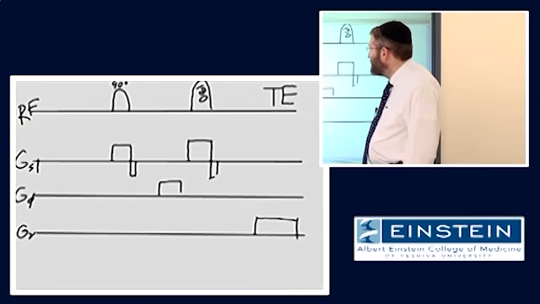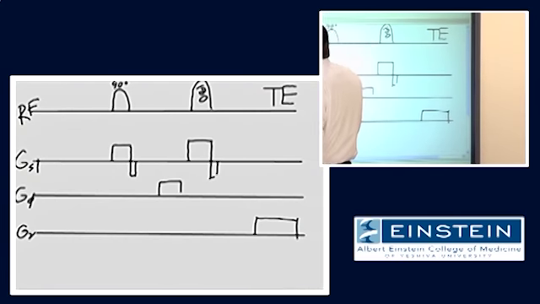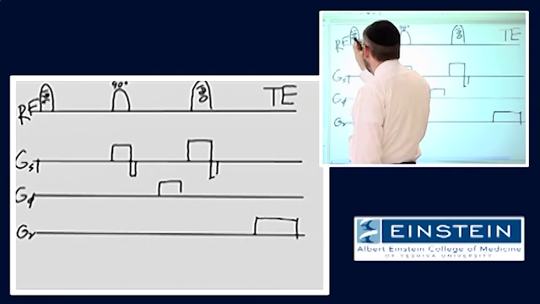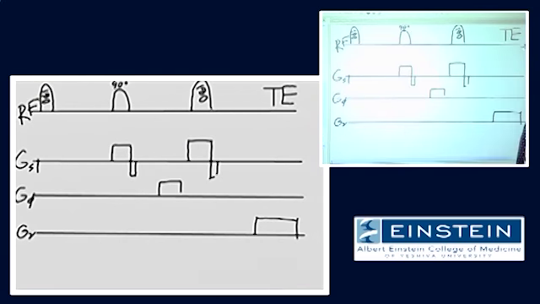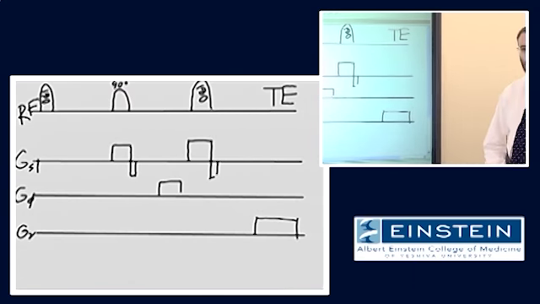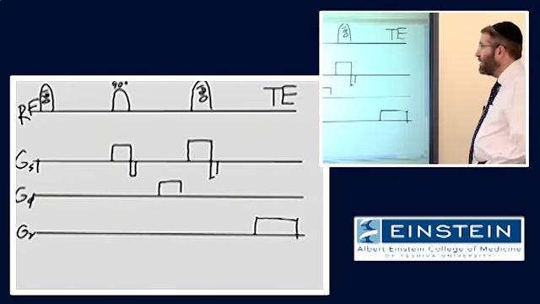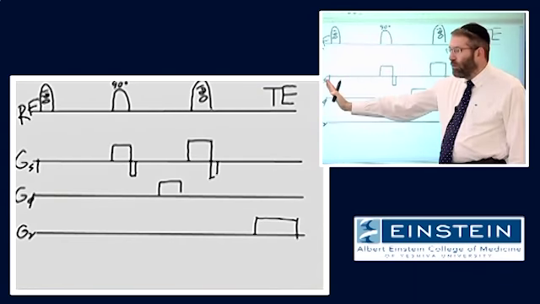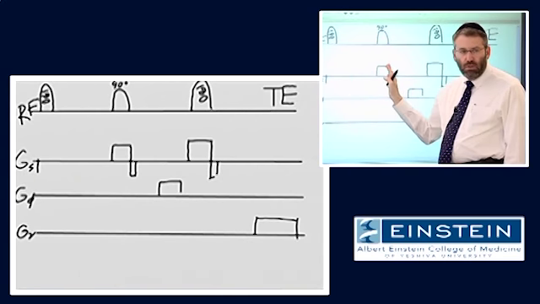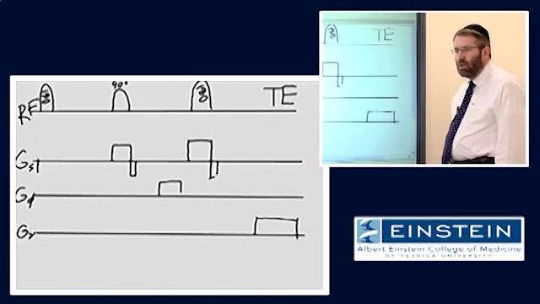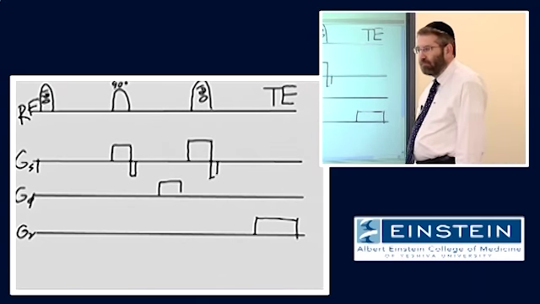So what happens now if I do the following? So I've turned on a 180 degree RF pulse before we ever generate the signal. So what does that mean?